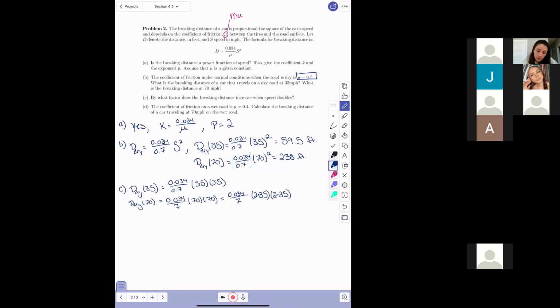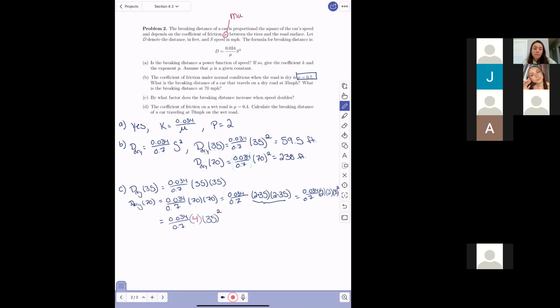Yes. Okay, now this here is all multiplication. So we can rewrite it yet again as 0.034 over 0.7 times 2 times 2 times 35 squared, which is also the same as 0.034 over 0.7 times 4 times 35 squared.